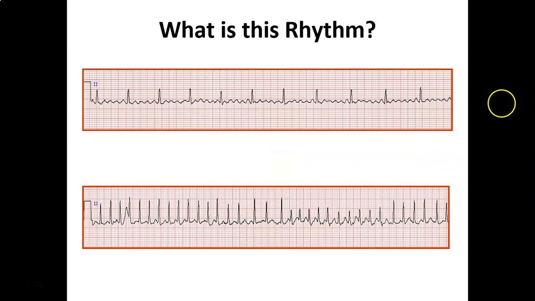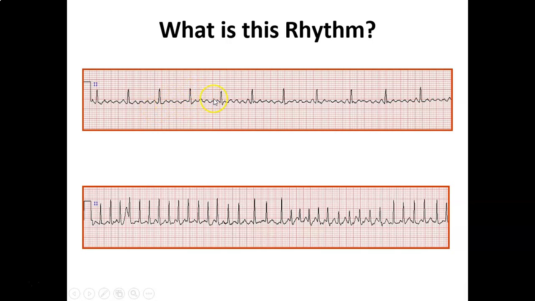So let's review a few rhythms again. On the top, what's the rhythm here? The ventricular rate seems to be normal. It's regular. Regular means coming from one focus, one source. No P waves.